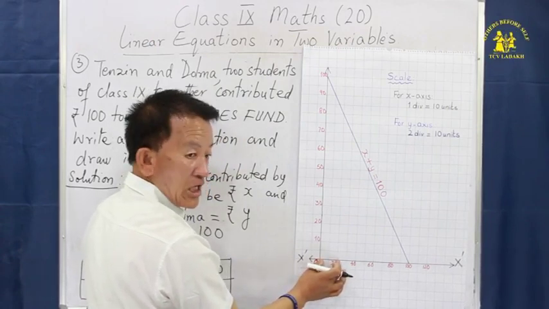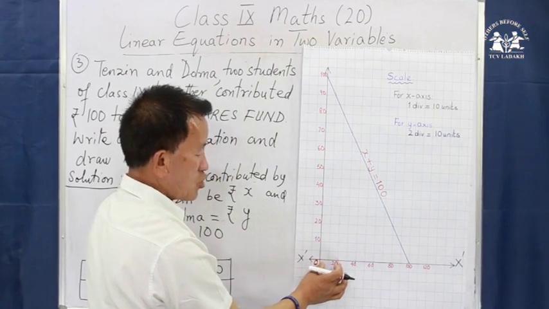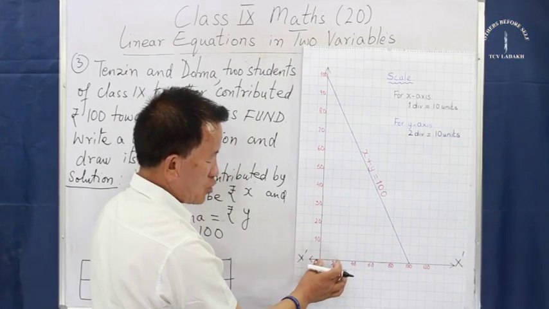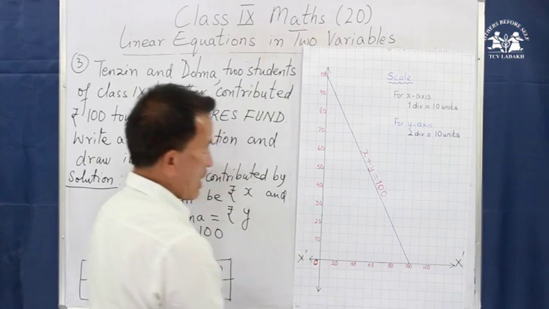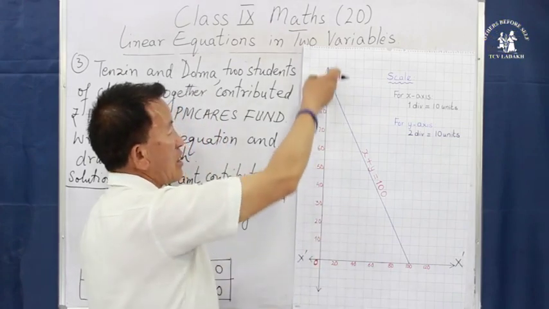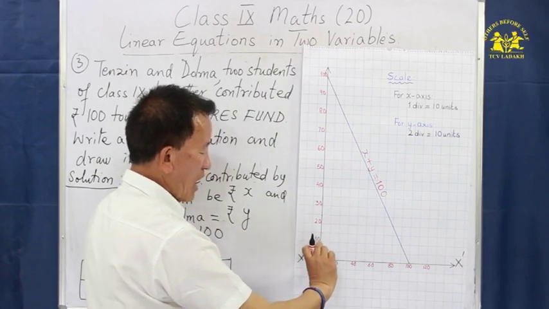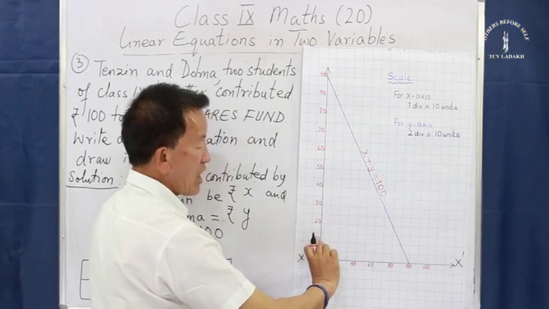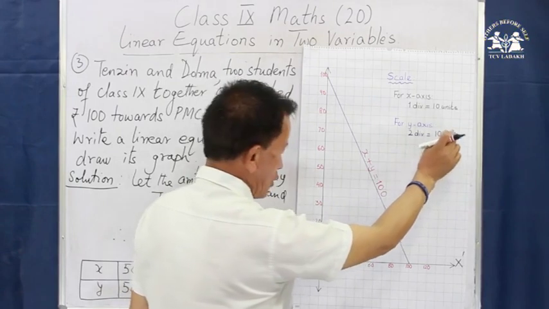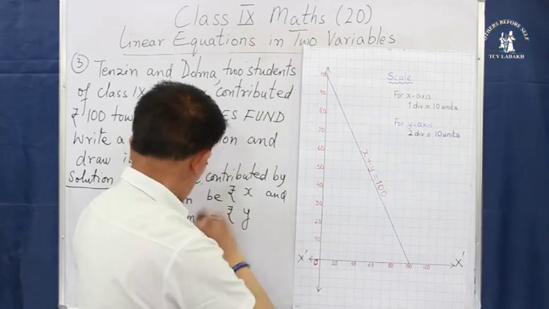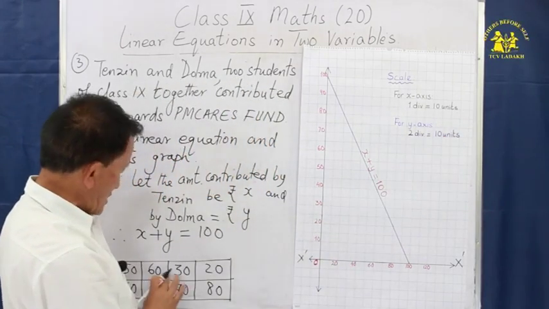For 2 divisions, it's 20 units, right? 20, 40, okay. And in this case, since I have enough space, for every 2 divisions, I've taken 10 units. Okay.